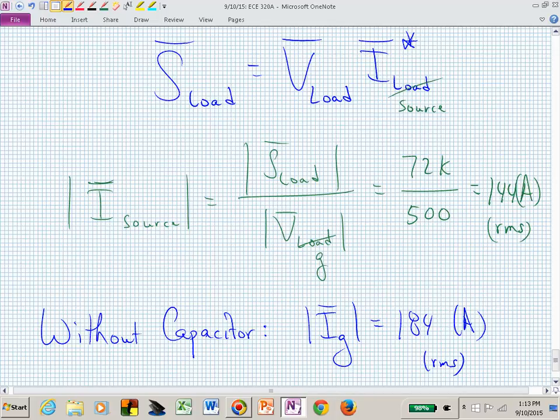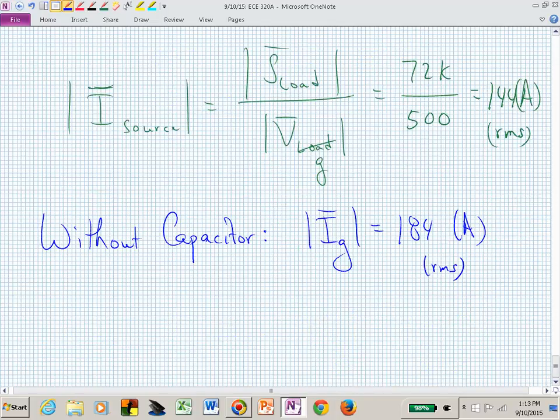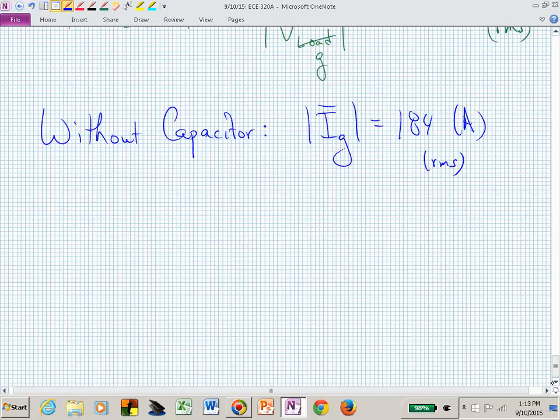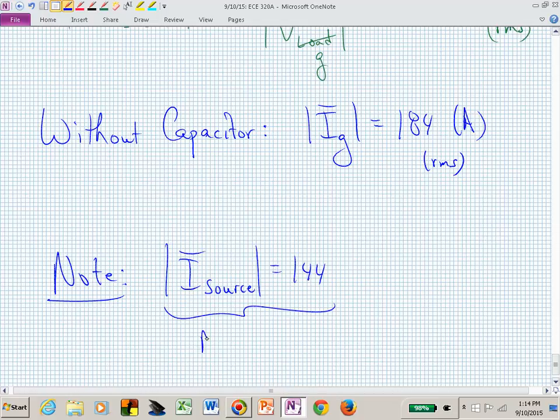So by reducing that angle, we have now reduced the magnitude of the current that the source needs to be supplying or delivering to the loads. And if it wasn't clear, the source magnitude was 144. That was the new source current. And that is quite a bit less.